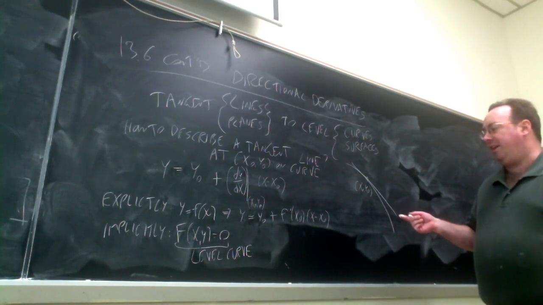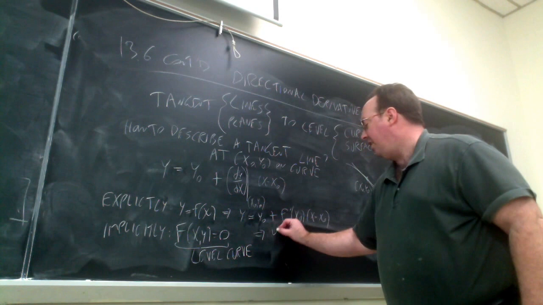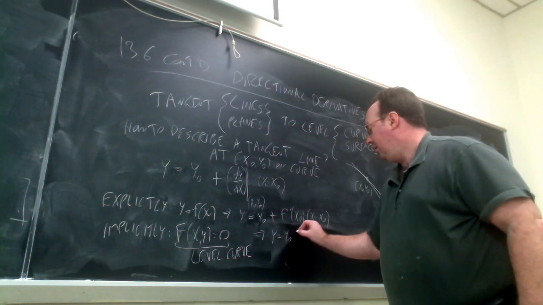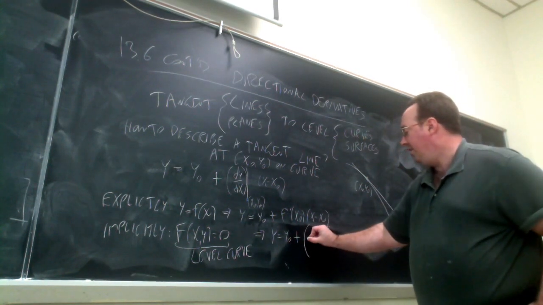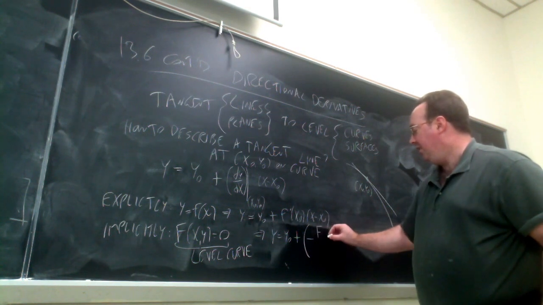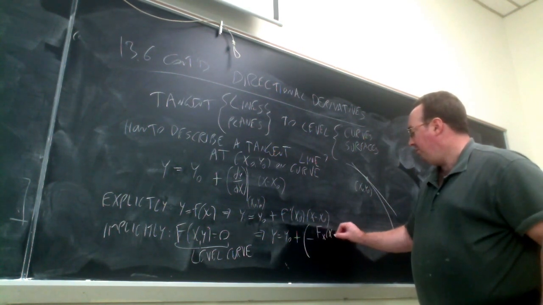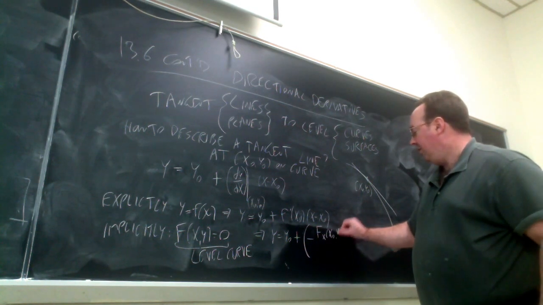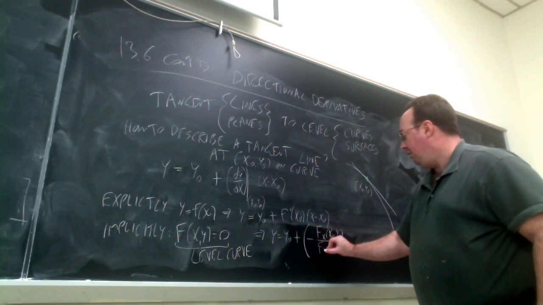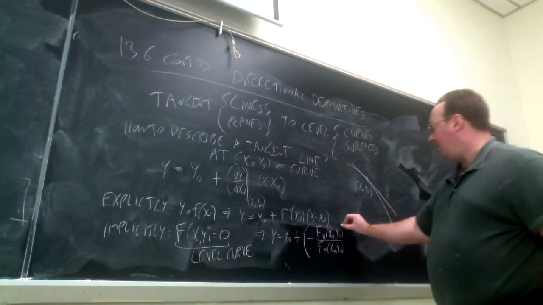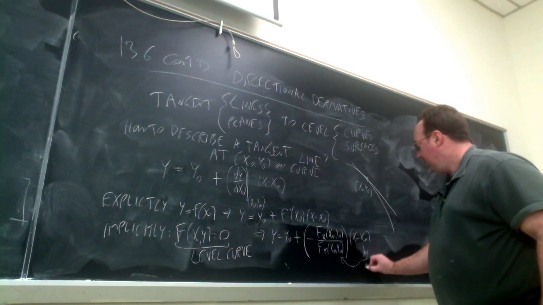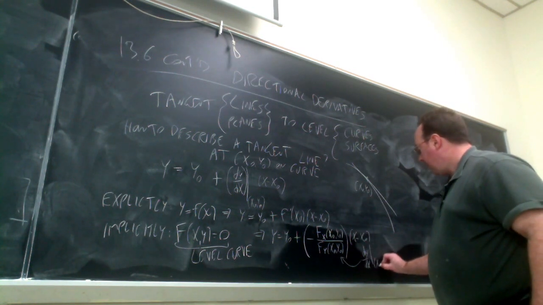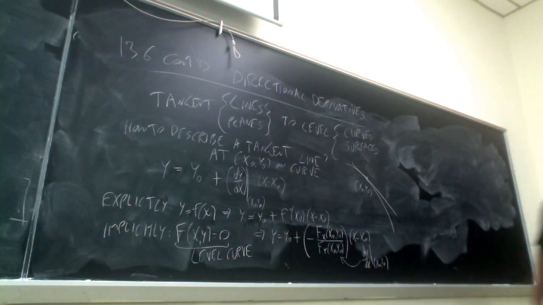And we do have a way of describing a tangent line in that case, because the way you get dy dx is, we have a formula for it: minus the partial of big F with respect to x at x naught, y naught, over the partial with respect to y at the same point. So that's our formula for dy dx. And that's times x minus x naught. Okay. And we used that before.